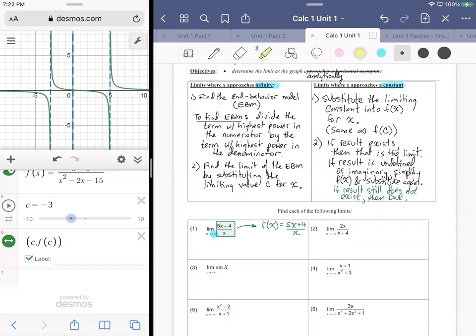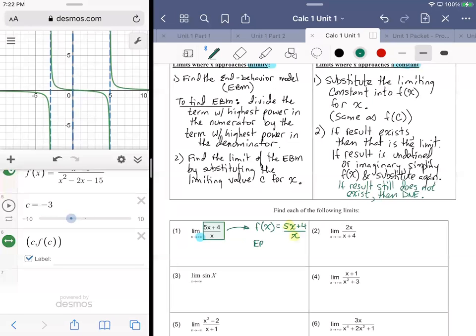I'm going to grab the term with the highest power on the top of the fraction and the term with the highest power on the bottom of the fraction. Those two are going to get divided. All right, so my EBM is going to be y equals 5x over x, which simplifies to just y equals 5.